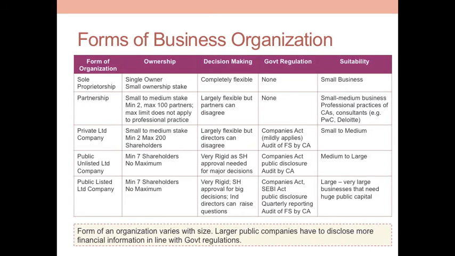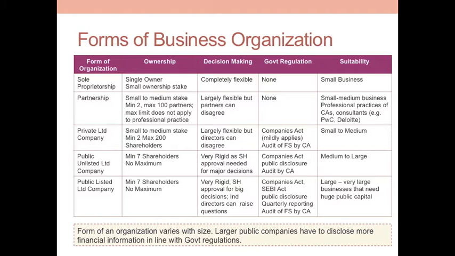Now, depending upon the size of a business, its ownership structure can vary, and this has implications for decision making as well as financial disclosure in line with government regulation. The largest companies are public listed companies which trade on the Bombay Stock Exchange. They have a large number of shareholders.